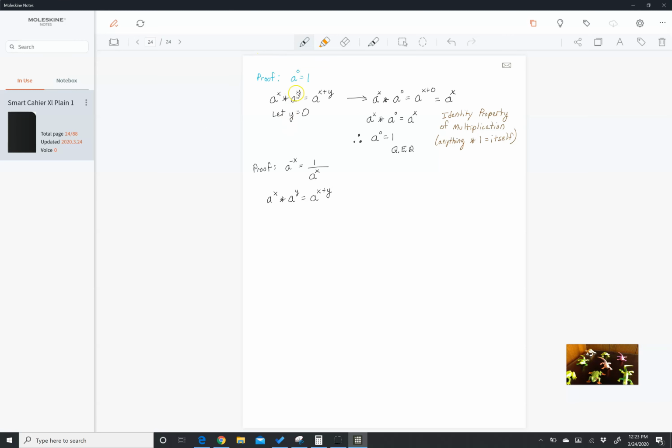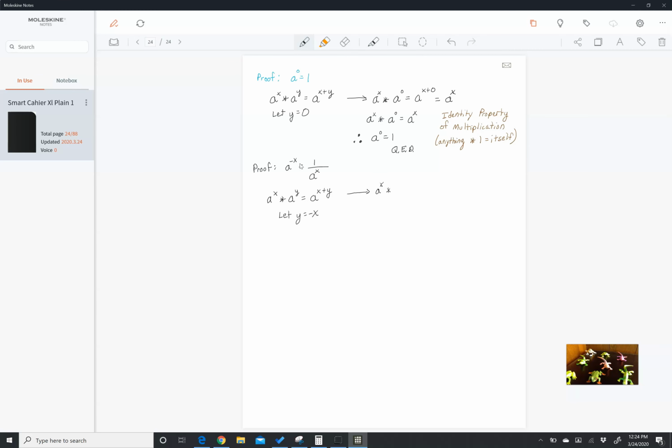This time we're trying to show something about a to the negative x. So instead of saying y equals 0, we're going to say y equals negative x. And we can do whatever we want, as long as we're not breaking any rules.